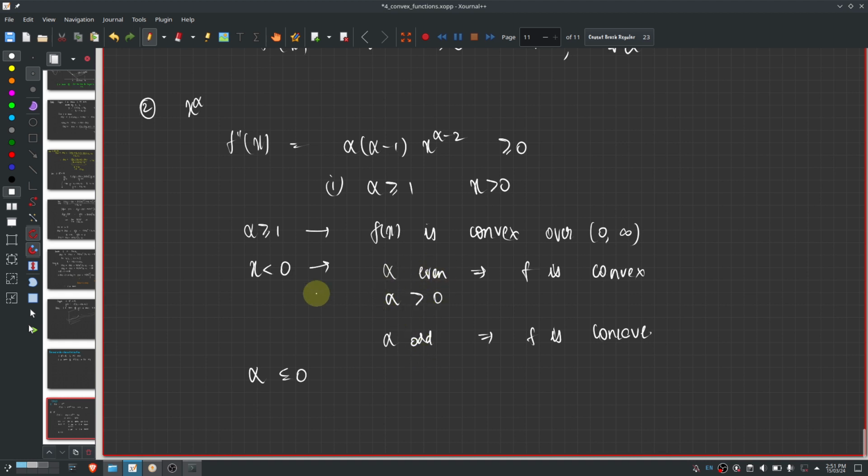In both these cases. So when alpha is less than or equal to 0, what happens? Sure. For alpha less than or equal to 0 and x defined in the interval 0 to infinity.